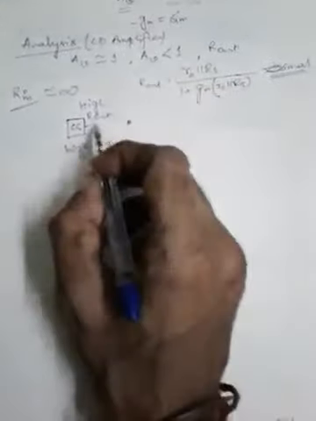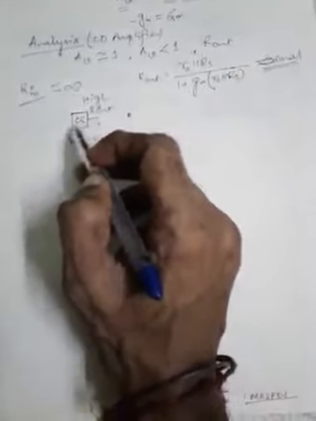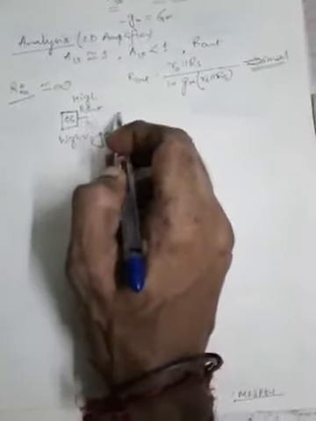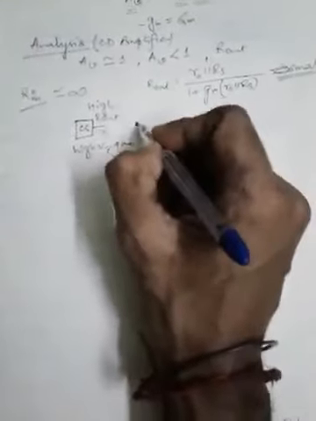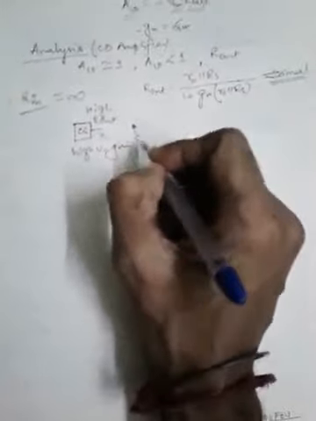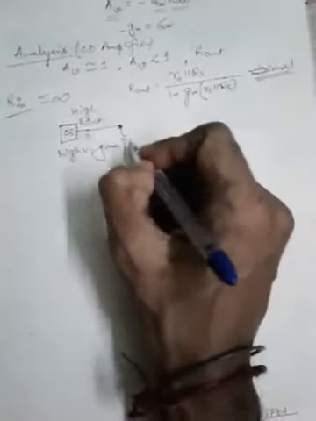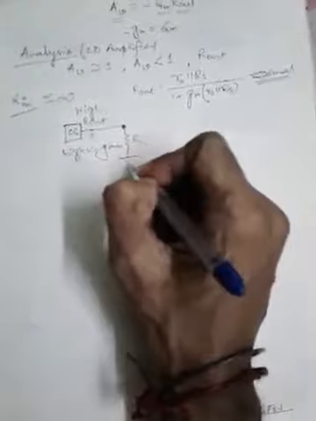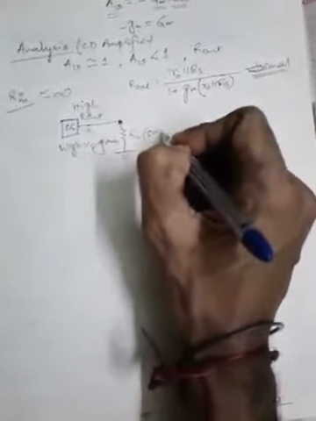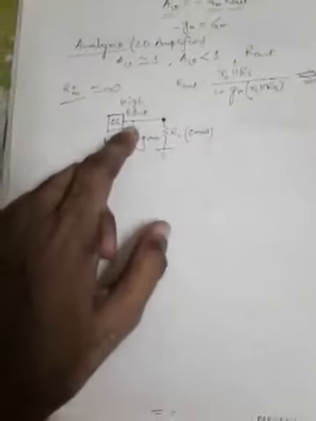So if the high output resistance of the common source amplifier needs to drive a low resistance load, the load should be connected in parallel to that amplifier, like this. RL is of small value, but there will be a problem because of matching this high impedance output of the common source amplifier with the low impedance load, and for that the overall gain of this arrangement will be reduced.